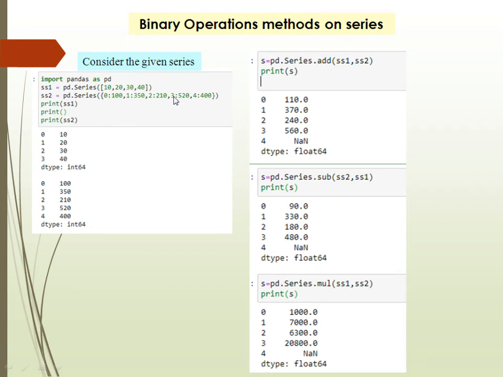Again s2 with particular values, but all in a dictionary. Now when I print both the series, it will show like this. See, their index numbers are exactly the same, because a list gets the default index numbers, and in a dictionary we supply our own index numbers. Clear?